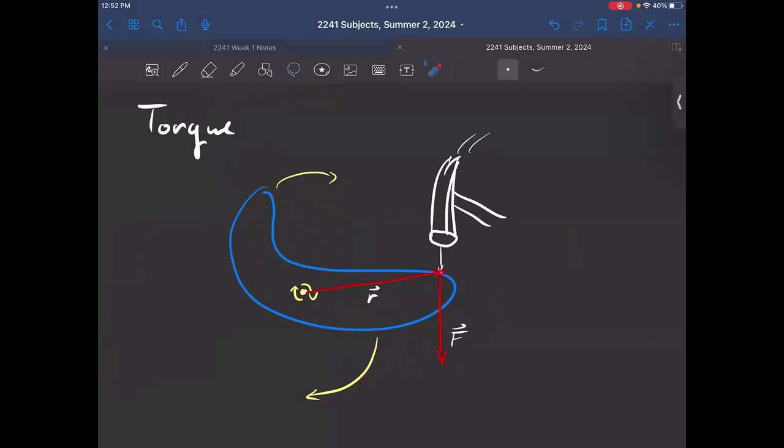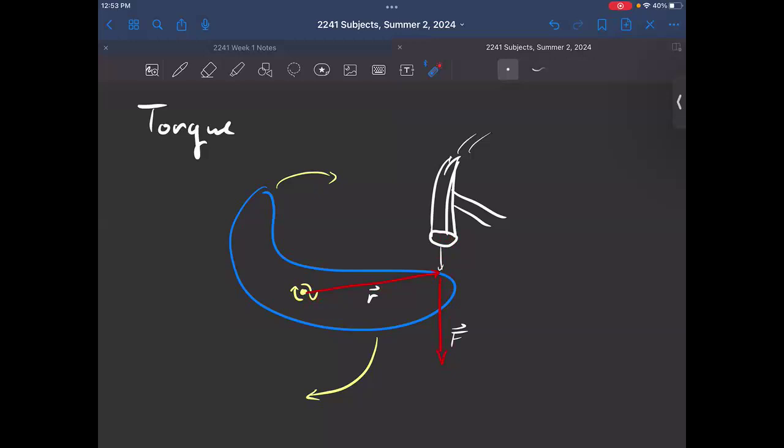What I've done is I've applied a force at some point on the shape and at some distance away from its center of rotation. And I measure how much it's going to rotate, how much that whack does, by saying, all right, how hard did I whack it and how far away from that center did I whack it? Why do I need to worry about how far away?